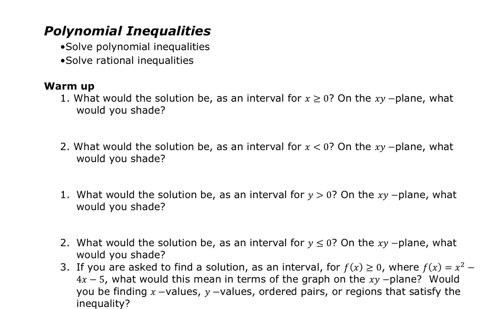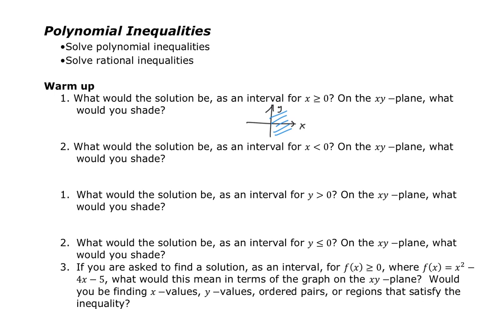What would you shade? If you were asked to graph some function and you wanted to know where x is greater than or equal to 0 on the xy plane, you would draw the xy plane. Here is y, here is x, and greater than or equal to would be this side of the graph.